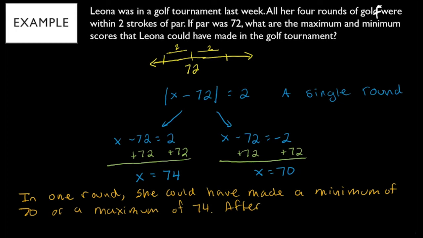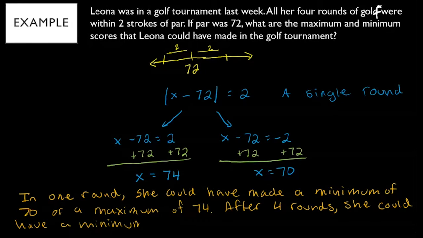After 4 rounds, she could have a minimum of 70 times 4, which is 280, or a maximum of, and I'm going to use my calculator to do 74 times 4, since there are 4 rounds, 296.